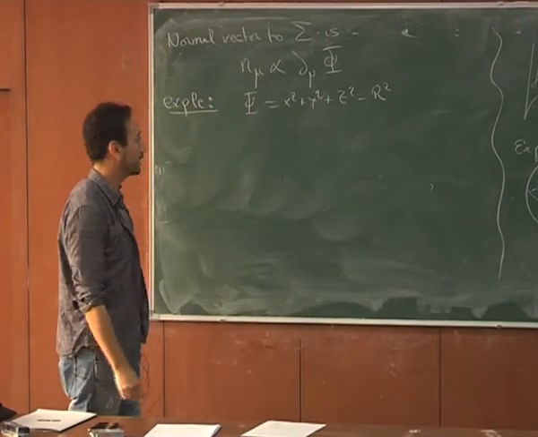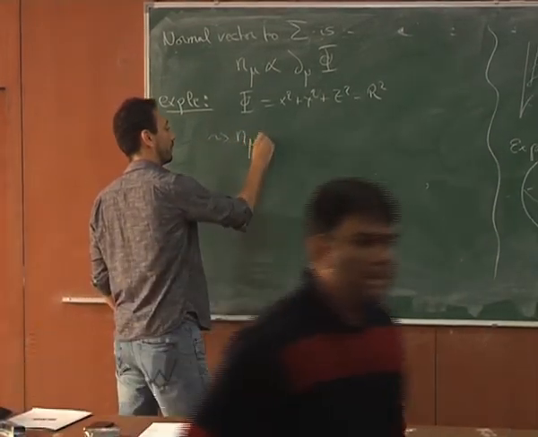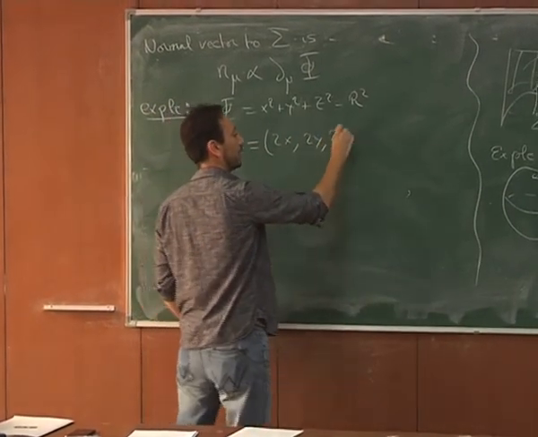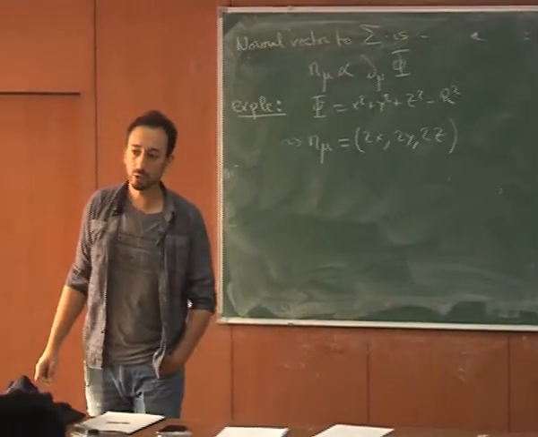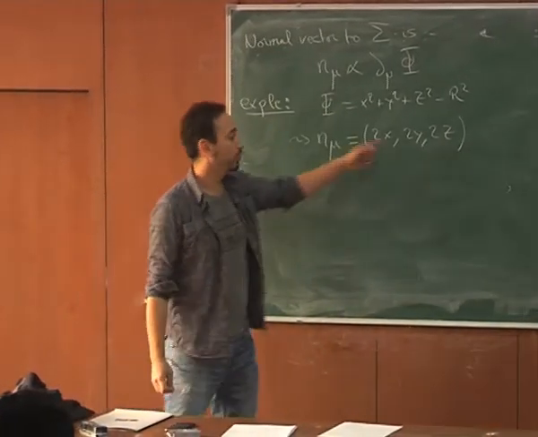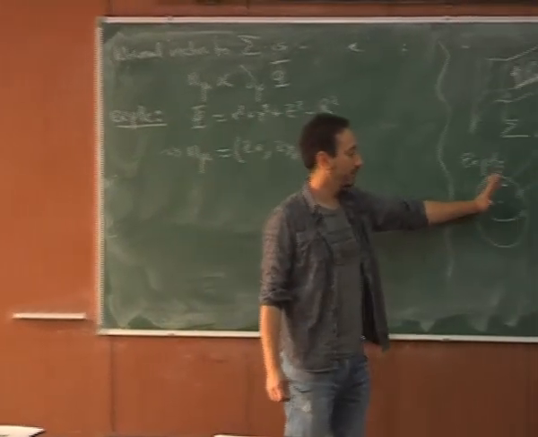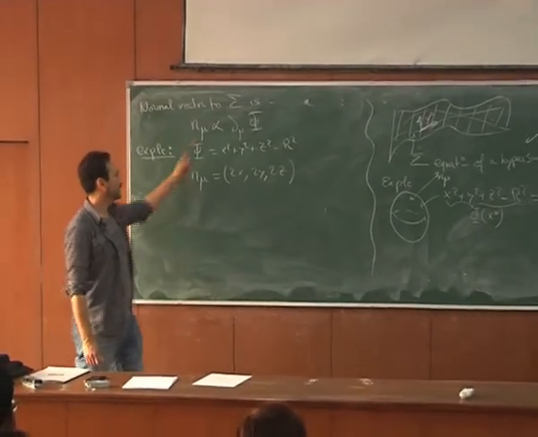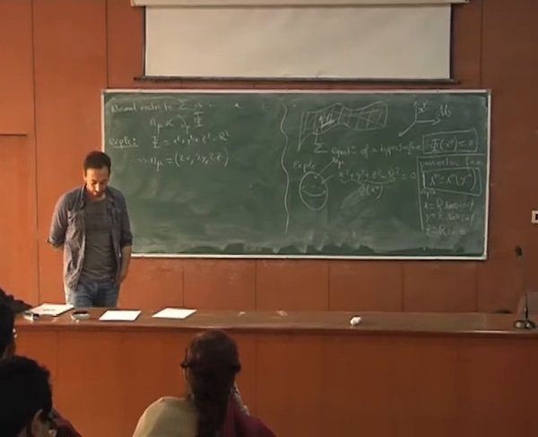If you take the gradient of it, you will get 2x, 2y, and 2z. This is going to be the gradient, and then you can normalize it. The vector x, y, z is the vector which is normal to the hypersurface. So taking the gradient is always actually the normal vector to it.